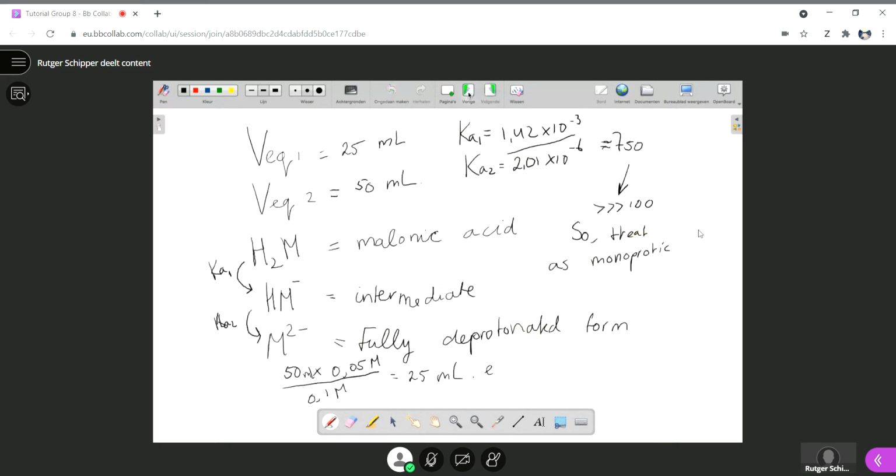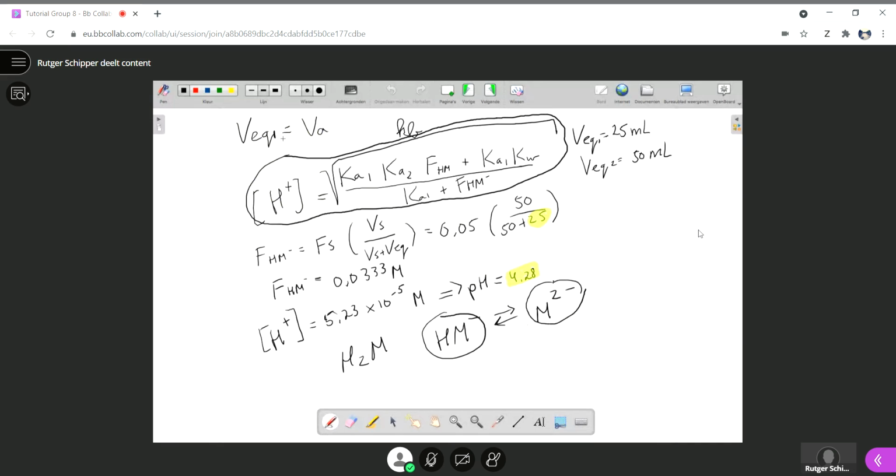And the formula that we use for this part is this formula. When we look at what's in this formula, we see the Ka1, the Ka2, the formal concentration, the water constant, and one more time the formal concentration.